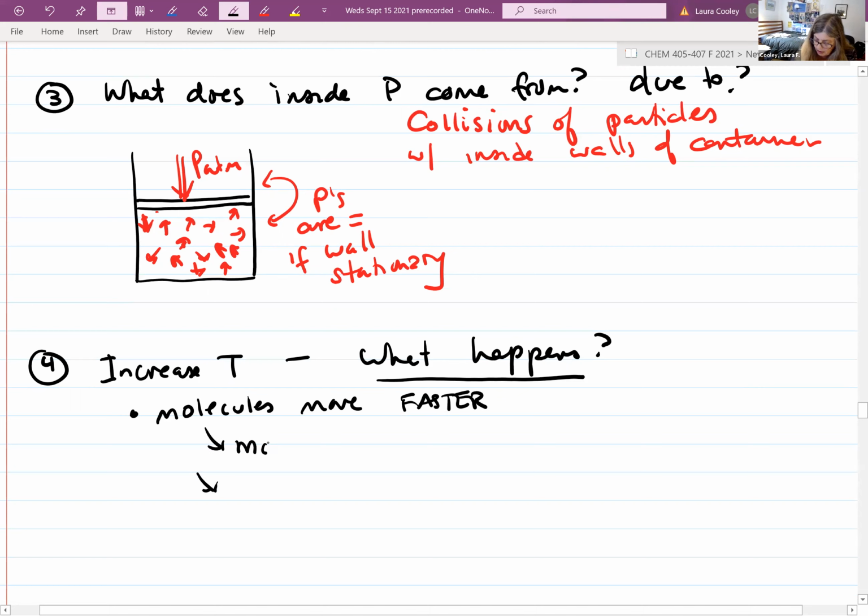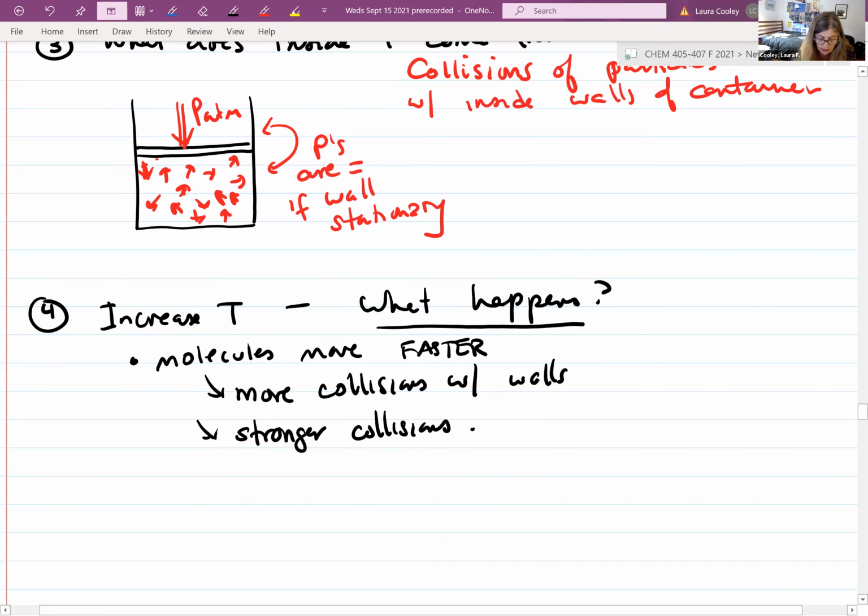One of them is that there will be more collisions with those inside walls. And another one would be that the collisions are stronger. And these are forces, right? These particles hit with forces. So the pressure inside has to go up, at least temporarily.